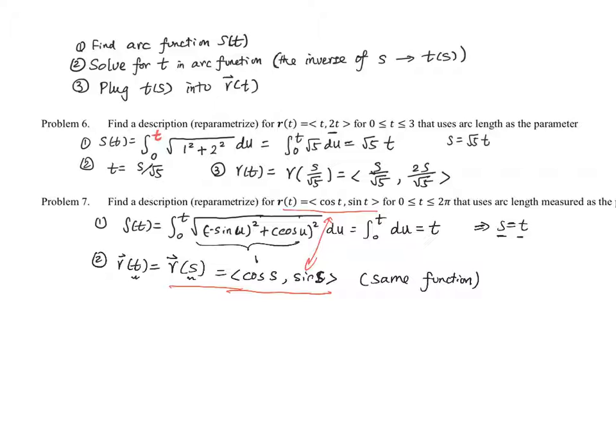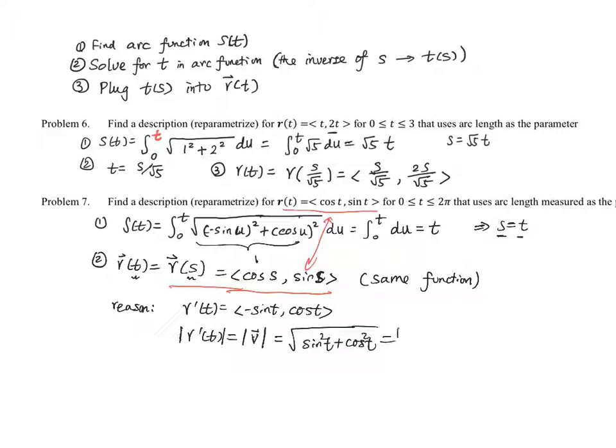Now why is this the case? Here's the reason. If you look at r prime, which is negative sine t and cosine t, when we compute its magnitude, which is the magnitude of the velocity function, it's equal to the square root of negative sine squared, which is sine squared, plus cosine squared. This is 1.